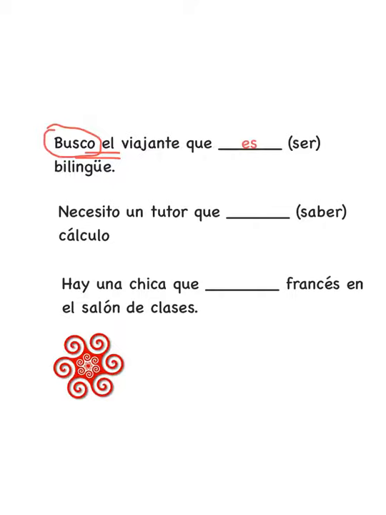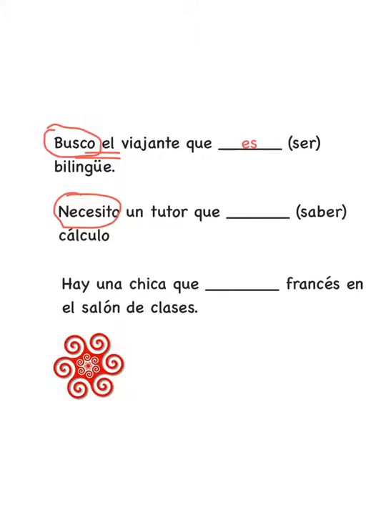And in this sentence, we had it. Okay, necesito. And what determines in this sentence whether we're going to use a subjunctive or we're going to use the indicative is again the article.